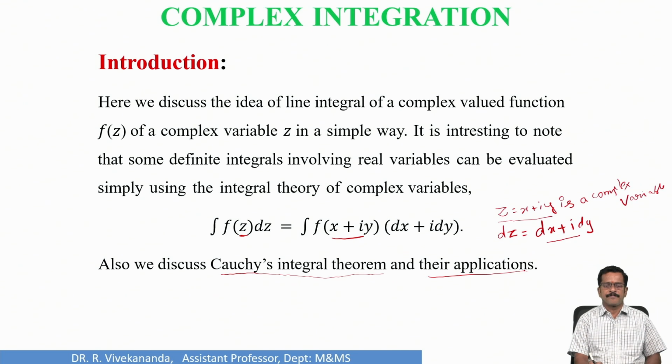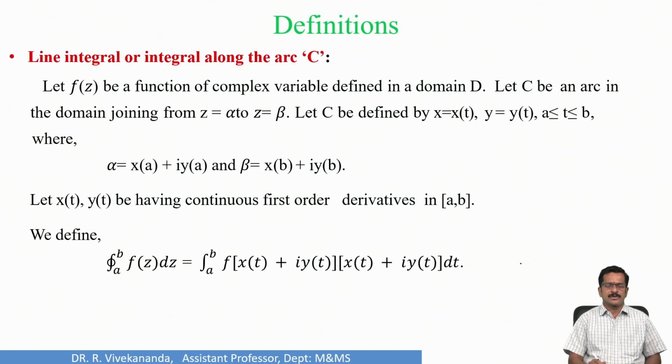So what is a line integral? Because we are going to evaluate a basic thing, how we find the integration of a complex function. Here the line integral, or integral along the line or curve. So f(z) is a function of a complex variable defined in a domain D. Let C be an arc in the domain joining z equals alpha to z equals beta.